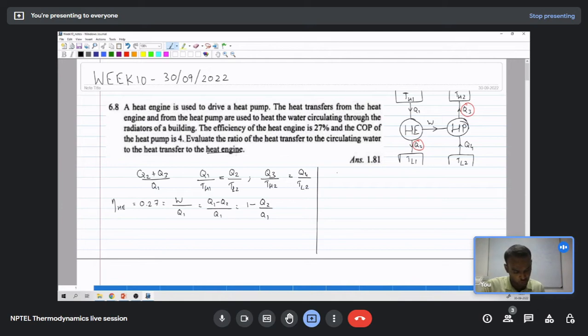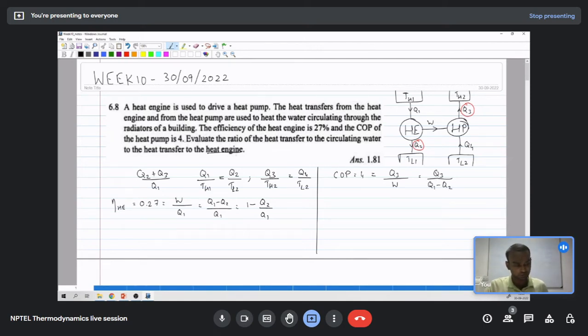Similarly, the COP of the heat pump is 4, and that is the desired output, which is Q3, divided by the work input. This work input I can write as Q3 minus Q4, or from the heat engine I know that it is Q1 minus Q2.